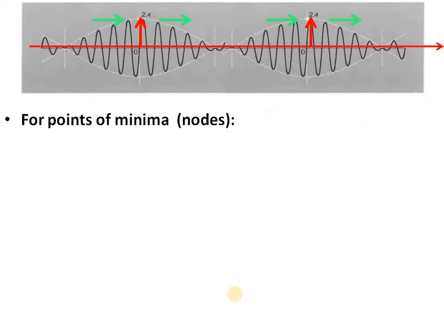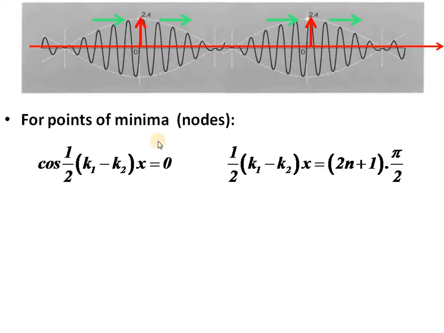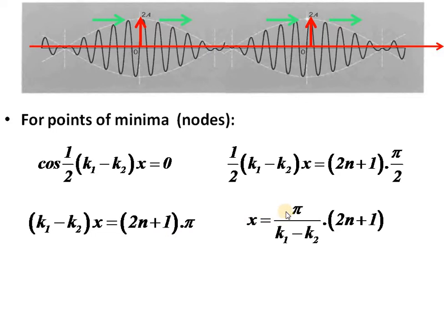Similarly, you can find the nodes. Nodes are the points at which the displacement is 0. Displacement is 0 means you can rearrange it: 0 occurs whenever the argument of the cosine is an odd multiple of pi by 2, where n is equal to 0, 1, 2, 3 and so on. So x will be equal to pi by (k1 minus k2) times (2n plus 1) by 2.